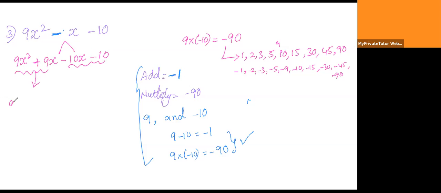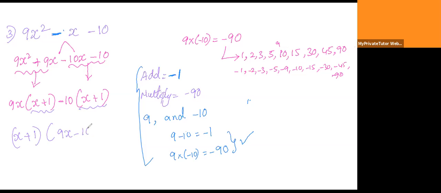What is the common term in the first part? 9x. If we take 9x out, we'll get x plus 1. And then what is the common term of the next part? Minus 10. If we take minus 10 out, we get x plus 1. And you can see here, we have x plus 1 as a common factor, right? So x plus 1 is common, and the remaining factor is 9x minus 10. So that's it. These are the factors of this question.